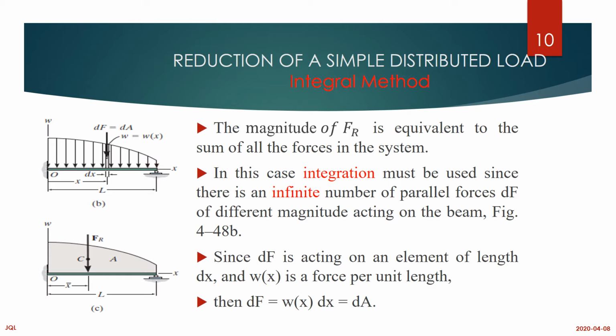In this case, integration must be used since there is an infinite number of parallel forces, dF, of different magnitude acting on the beam. There are a number of parallel forces acting on the beam of different magnitude.